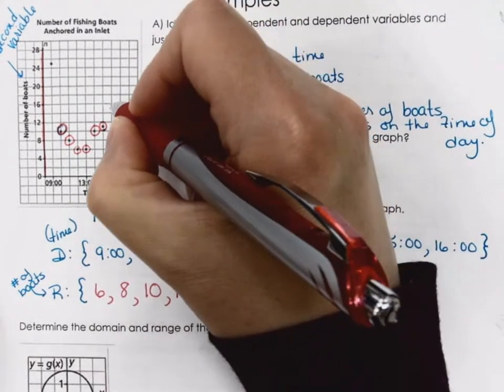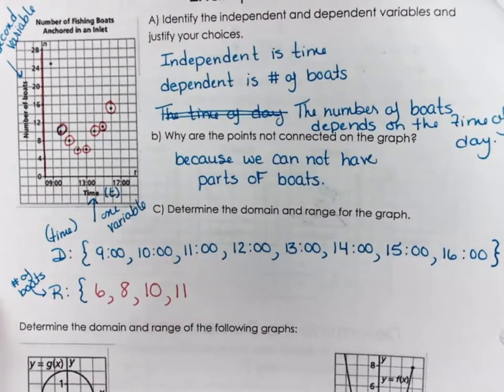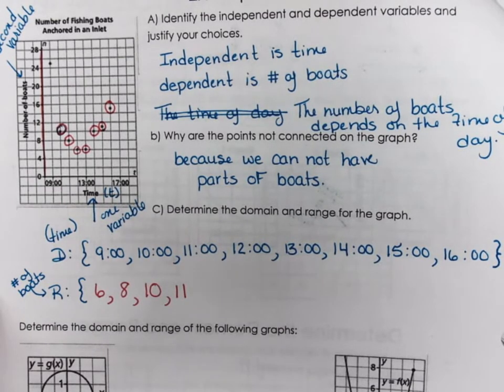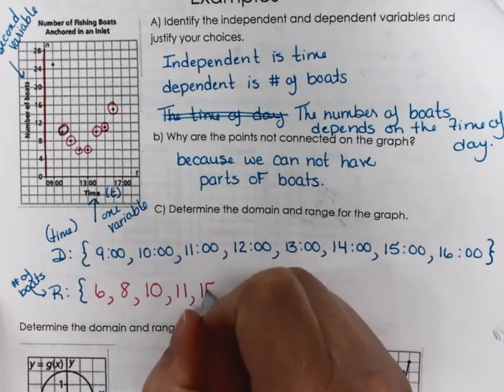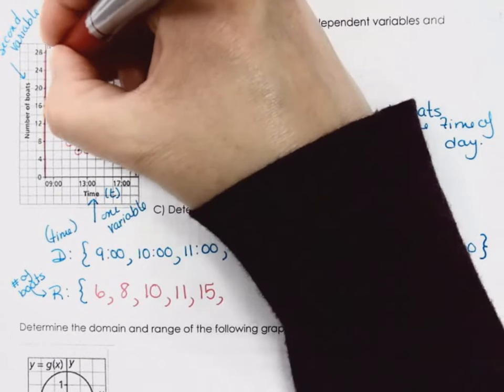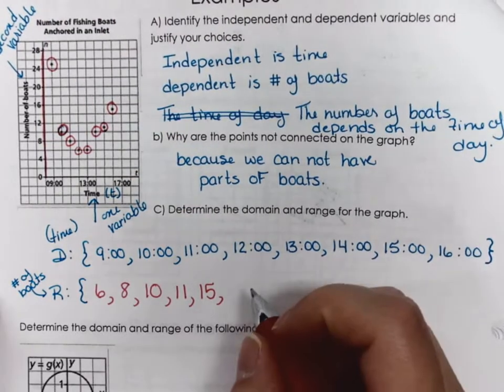And then I have this one. So it's halfway in between 14 and 16. 15. And then my last one is way up here. And how many boats is that?